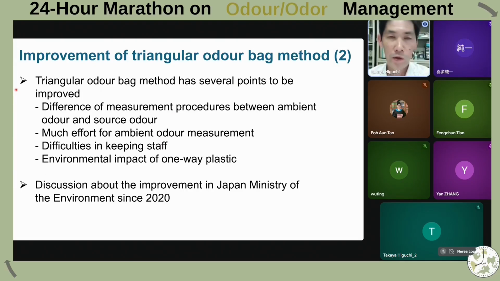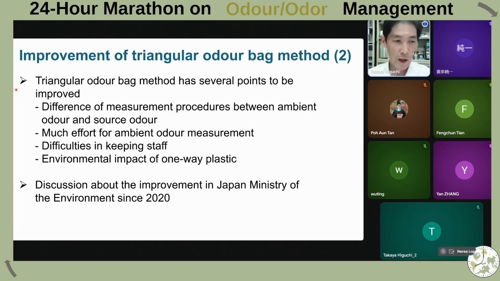And we are also discussing the possibility of introducing a method to share a larger odor bag instead of individual odor bags. A larger odor bag with a capacity of 10 liters can be shared by 6 panel members.